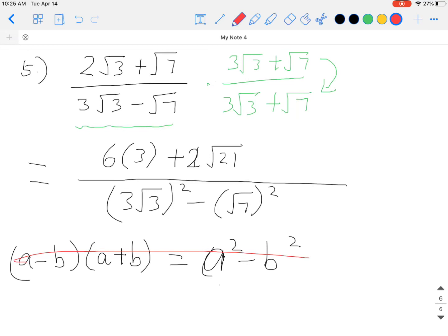And right now we're up to this times this. Plus 3 radical 21. And then plus radical 7 times radical 7 is equal to 7.